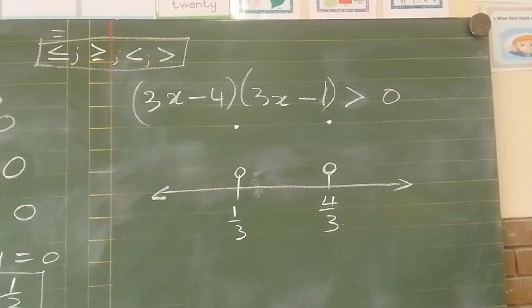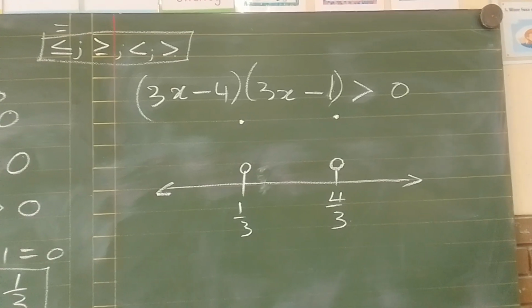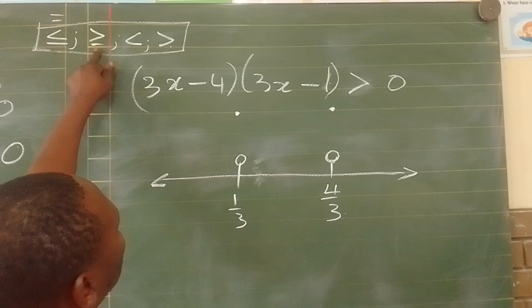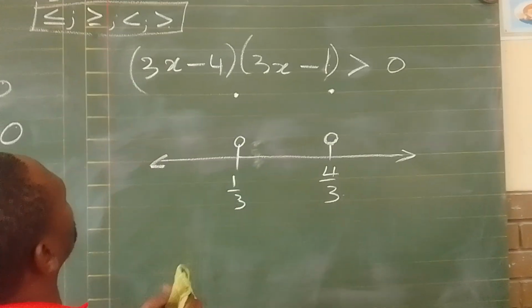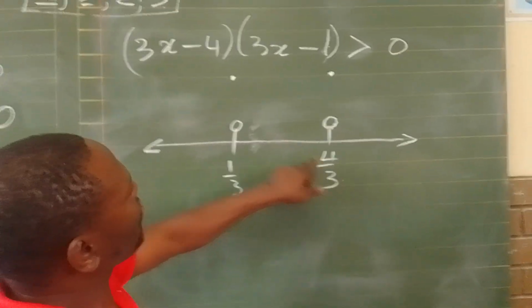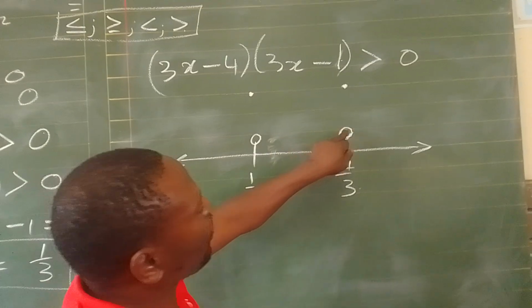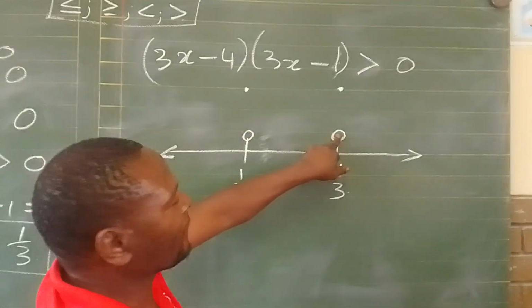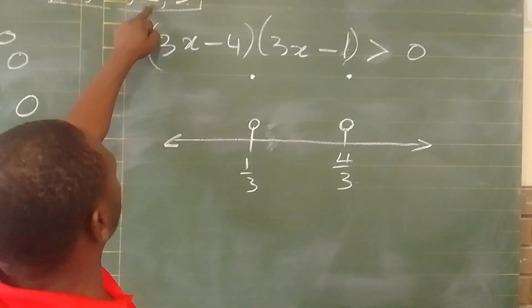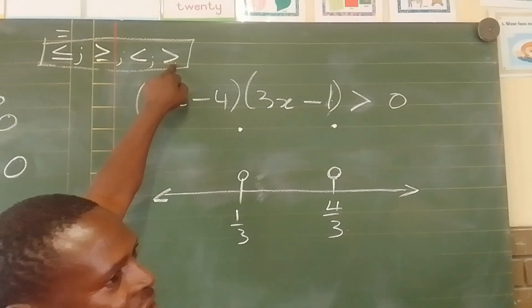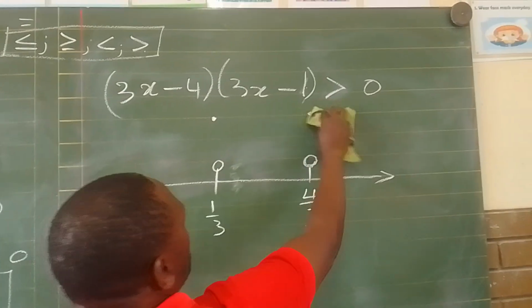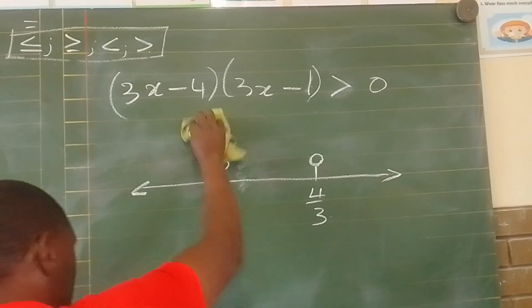Remember that always, whenever you're having an inequality, once it is these 2 signs, less or equal to 0, at your critical values you are going to put a closed circle. But if it is an inequality which is less than or greater than, it is going to be just an open bubble or an open small circle.